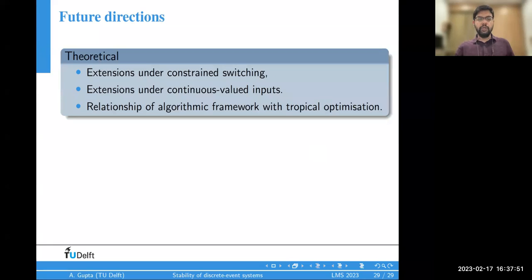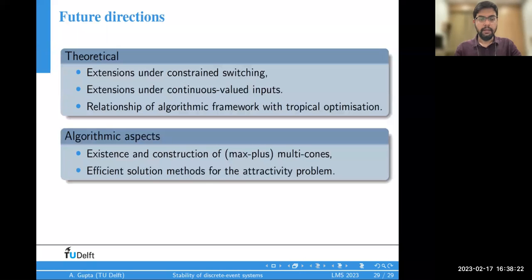So in future, some of the things I've already done and not presented here, we can extend to the case where switching is constrained, like I suggested. Arbitrary switching might be too conservative for application. We can extend it to the case where we actually have inputs to the system, let's say delays, and we can also study the relationship of the suggested algorithms to tropical optimization.